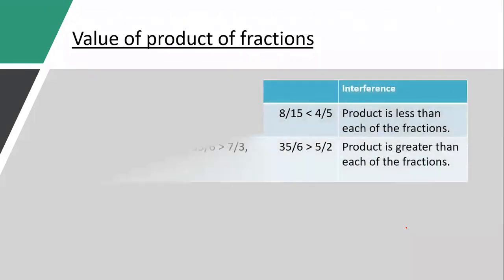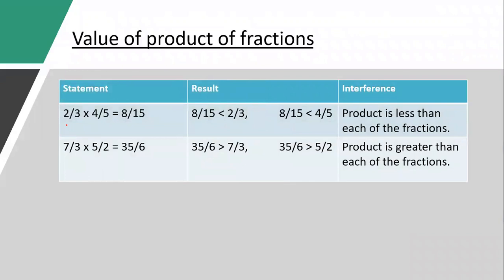For example, when 2 by 3 is multiplied by 4 by 5, we will get 8 by 15. So 8 by 15 is less than 2 by 3 and it is also less than 4 by 5. So the product is less than each of the fractions.